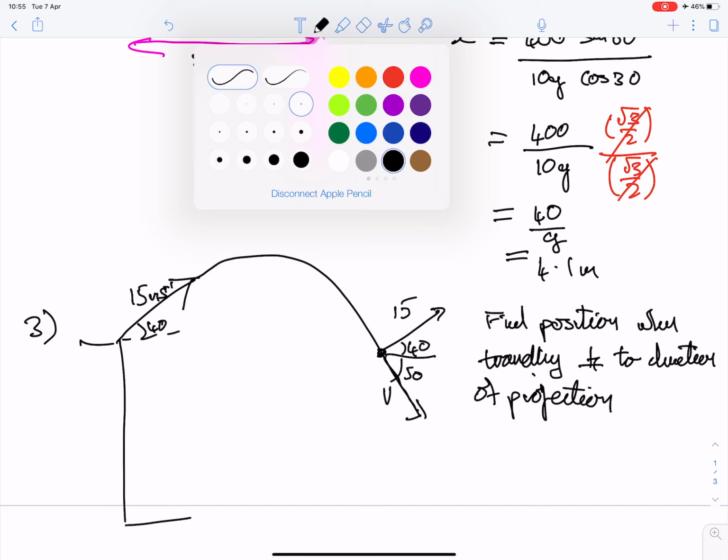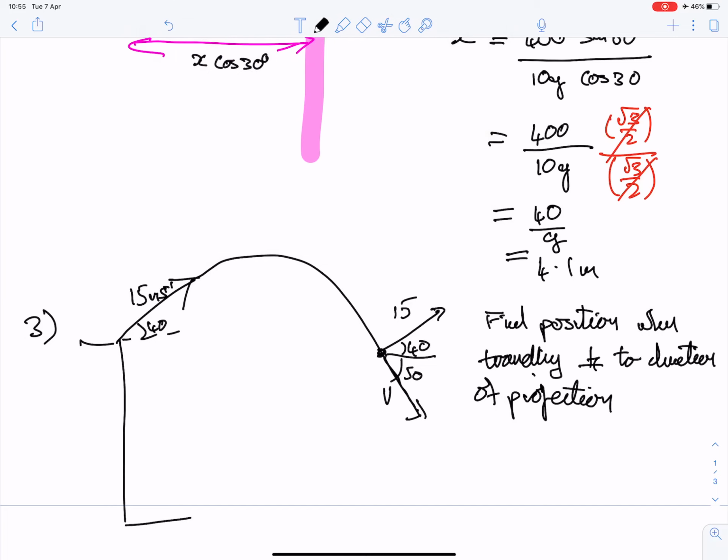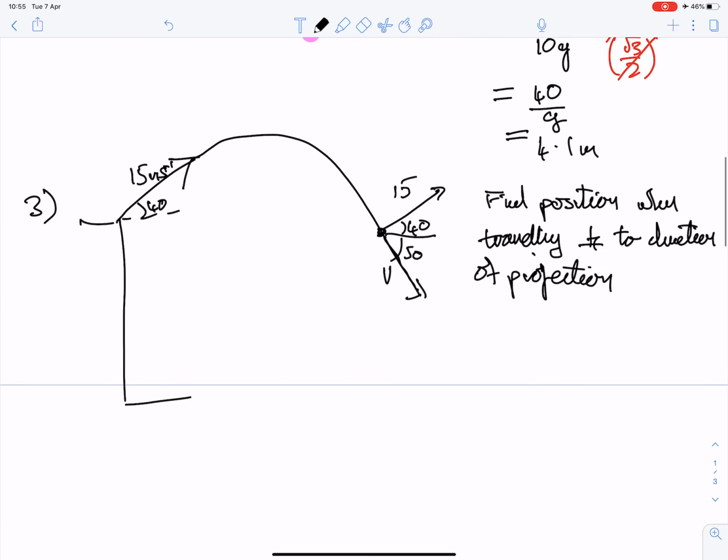Okay, so we know then the key to these questions is that the horizontal speed is constant. So constant velocity horizontally, and now we want the components of these two.